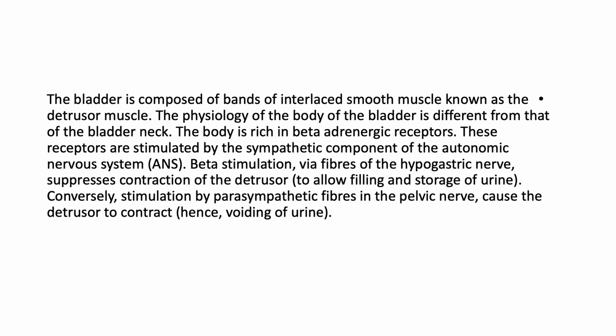It is, as we said, formed by a smooth muscle which is known as the detrusor, and it is mainly rich in beta adrenergic receptors, while the neck is rich in alpha adrenergic receptors. And the bladder here is completely formed by the smooth muscle detrusor, while the neck has two types of sphincter: the internal, which is formed by smooth muscle, and the external, as we said, which is a striated muscle, and this is under voluntary control.